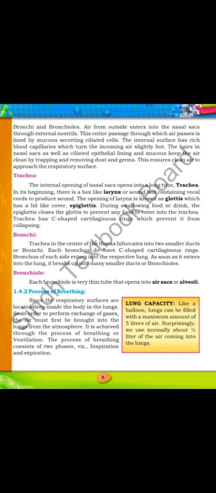First is the inspiration and second is the expiration.